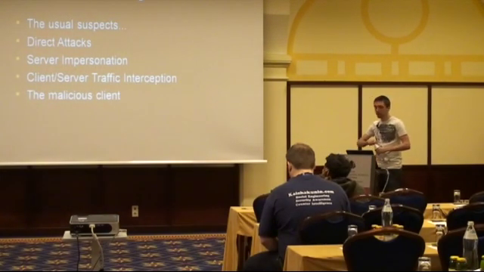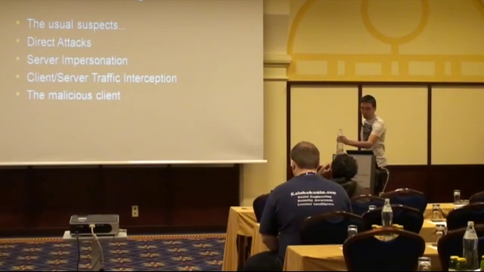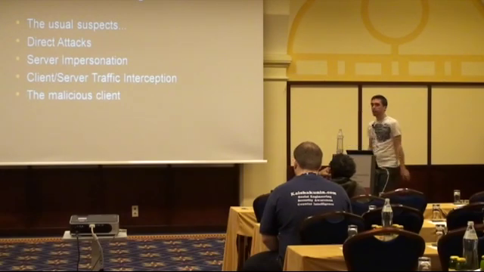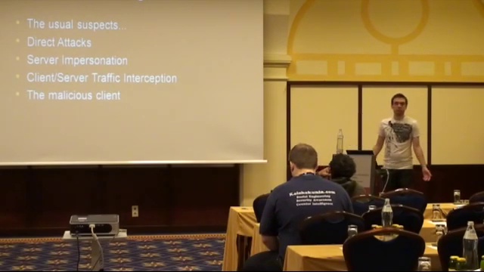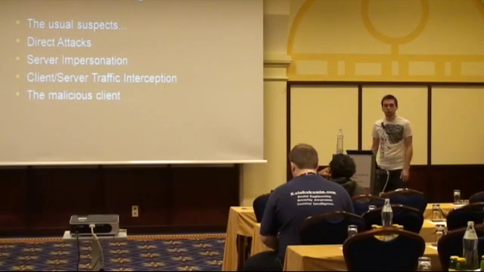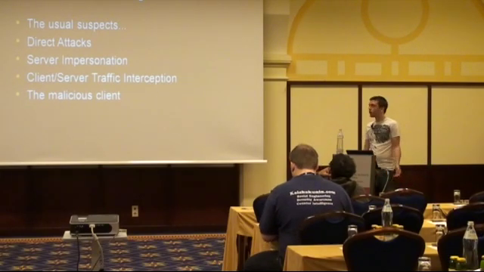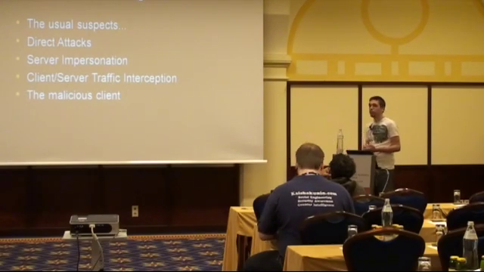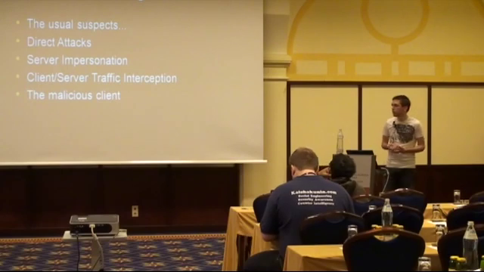So the methods of conducting these attacks, well, the general ways is that you've got the usual suspects. So we've got direct attacks against the systems themselves, but then you also have to consider server impersonation. So how do the clients actually know they're talking to the right deployment server? Then there's obviously traffic interception. What happens if you play with the traffic going between them?